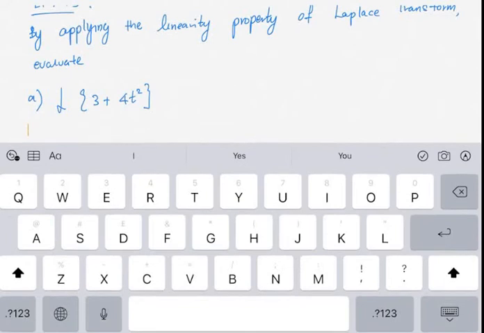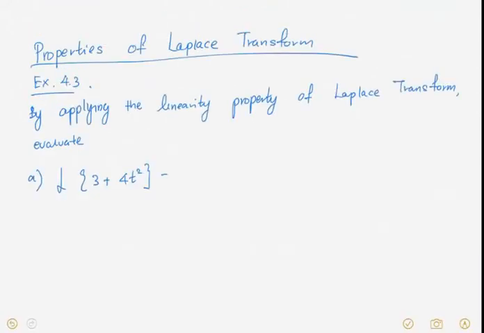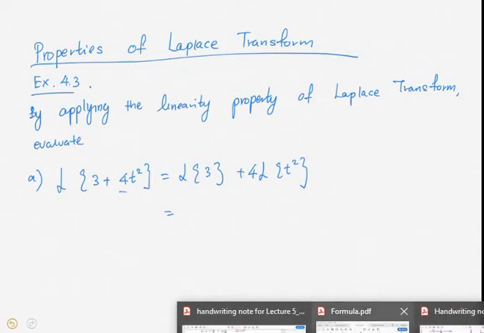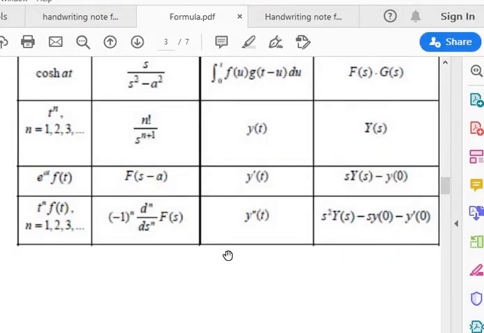So this is equivalent to the Laplace transform of 3 plus the Laplace transform, so you have 4 times the Laplace transform of t squared. For the Laplace transform of a constant, you can refer to the formula that I have sent to you through the Google Class.